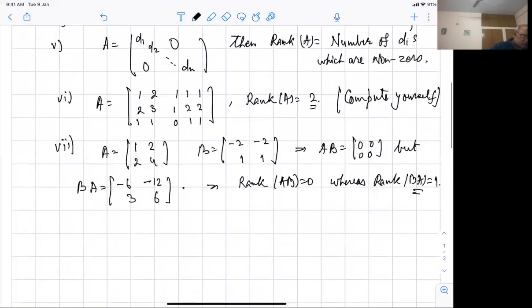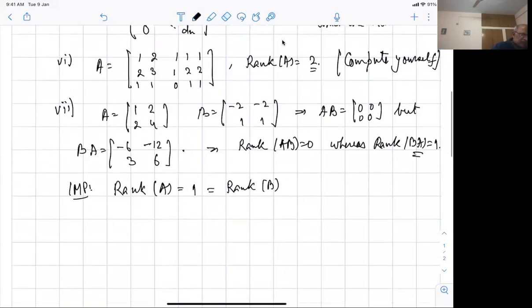So the important thing to observe here is that the rank of A is 1, which is also equal to the rank of B. So we are not reducing, fine.